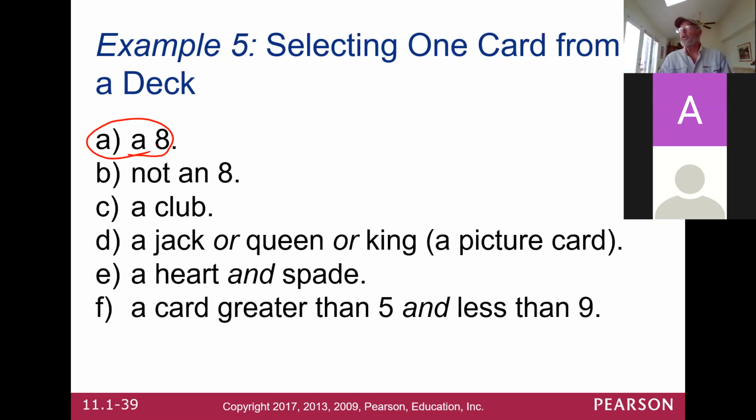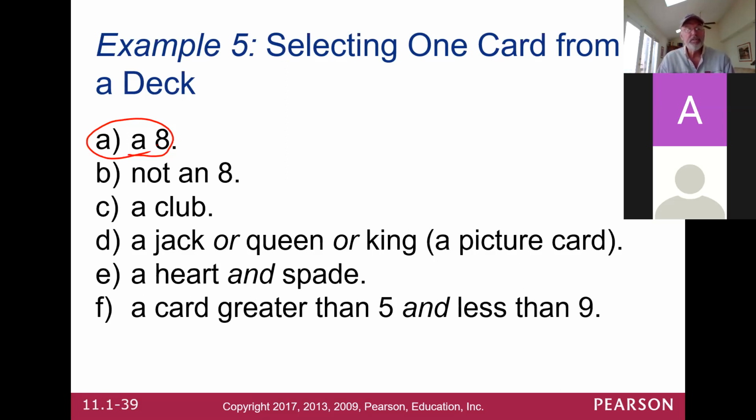Okay, 13 cards in a deck are clubs. So 13 over 52 would be 0.25. Questions about that?